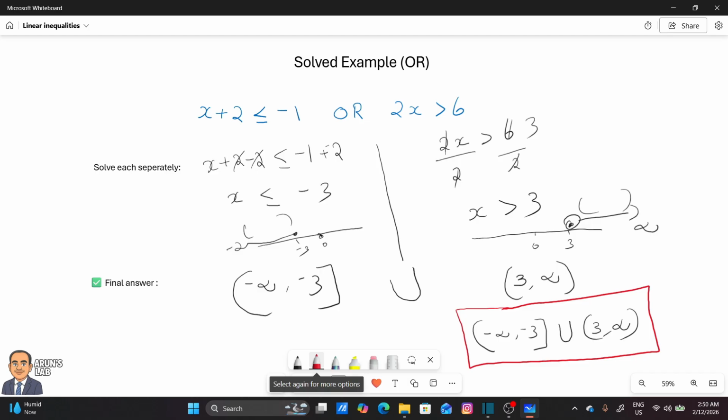The two separate regions are combined together, and we consider all the x values from both separate inequalities. So it's a big set of x values. That's what the OR function means.